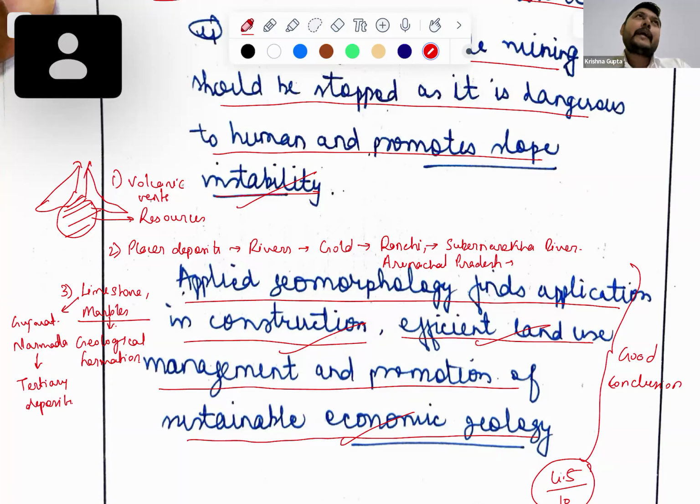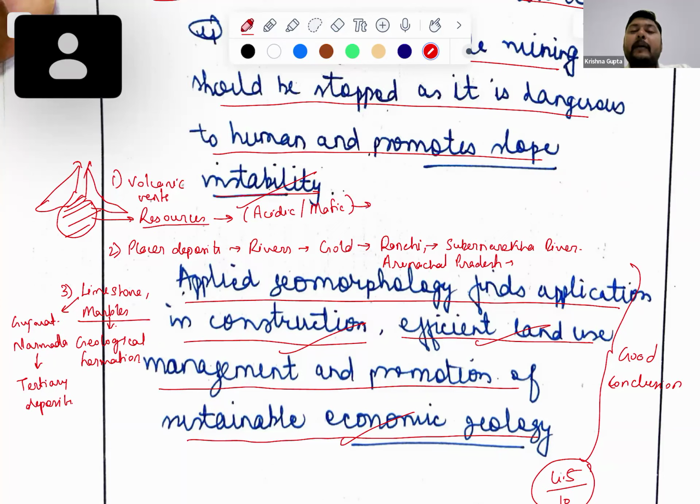If we talk about volcanic vents, if we have high mining activity in this particular resource extraction, we will see that the rocks present inside the vent can be either acidic rock or mafic rock, depending upon the rock nature.